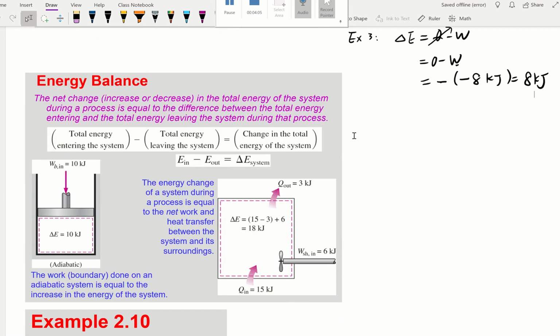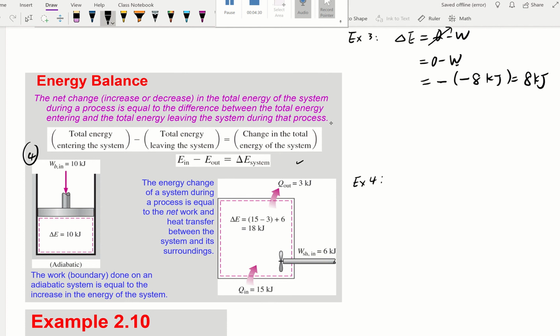All right, let's continue looking at something more. This has nothing new. For this situation, you have work done to the system. Let's call this example 4.